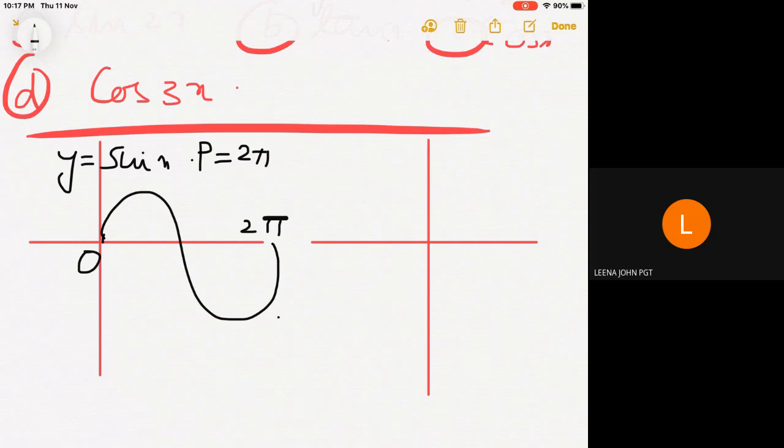Similarly, for y equal to cos x, the period is 2 pi, and the curve comes like this.